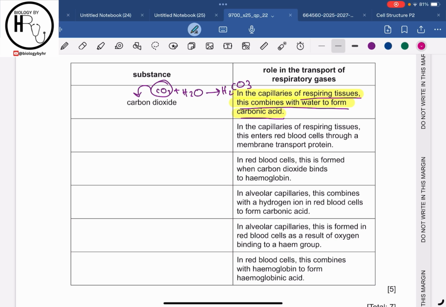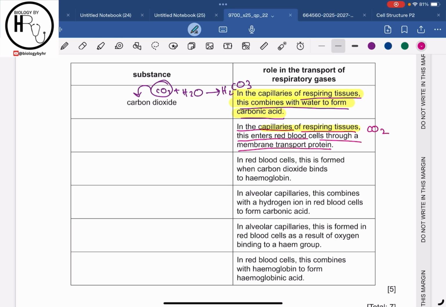The next statement says that in the capillaries of the respiring tissue, this enters the red blood cell through a membrane transport protein. Basically, in the respiring tissues the carbon dioxide is produced as a waste product of the cellular respiration, right?